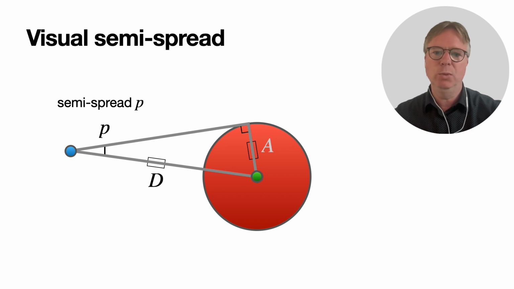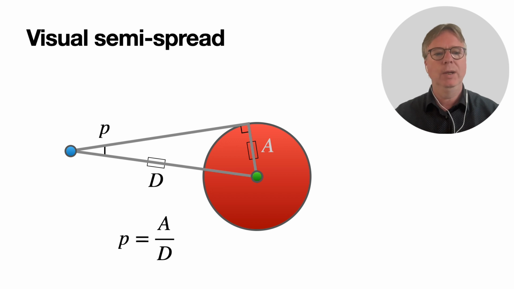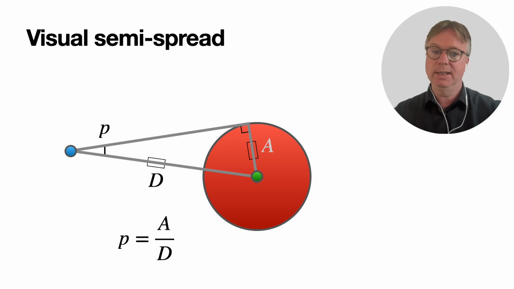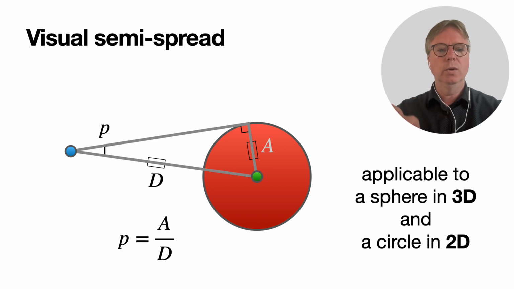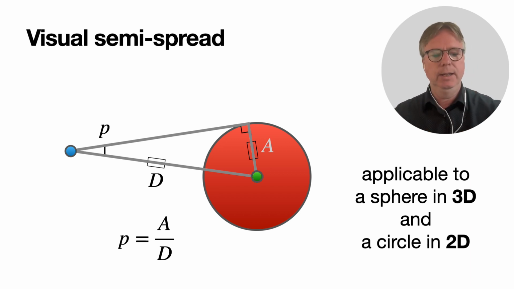So now simply we take the opposite quadrance over the hypotenuse, and we get a really simple equation: P is A over D. So that's nice, and it's much nicer than the alternative. So this is applicable to a sphere, but also to a circle in 2D, and in future lessons I will use either one.